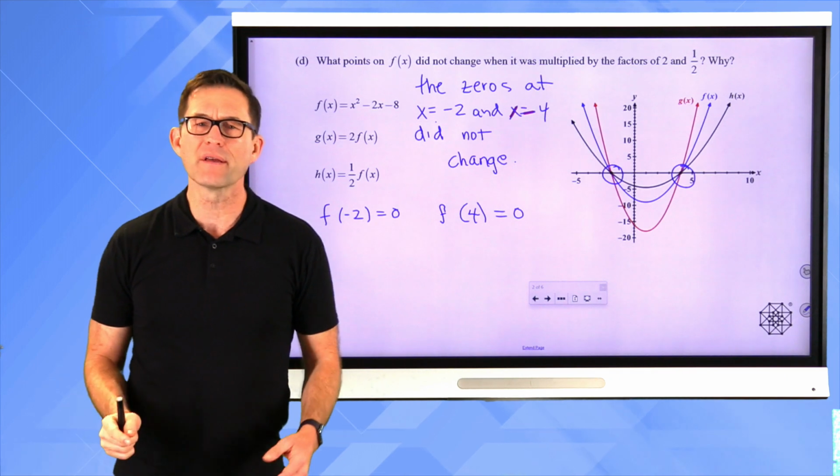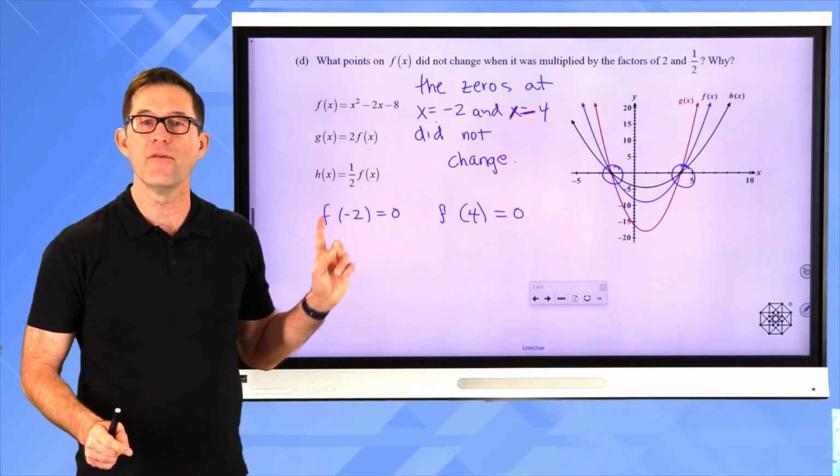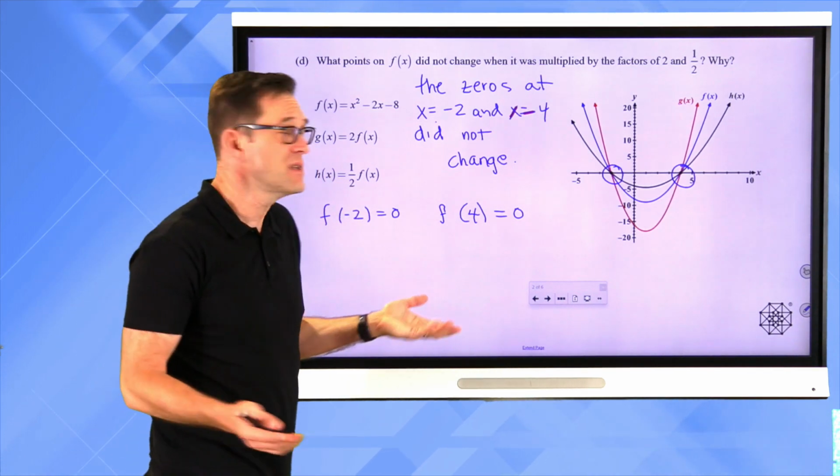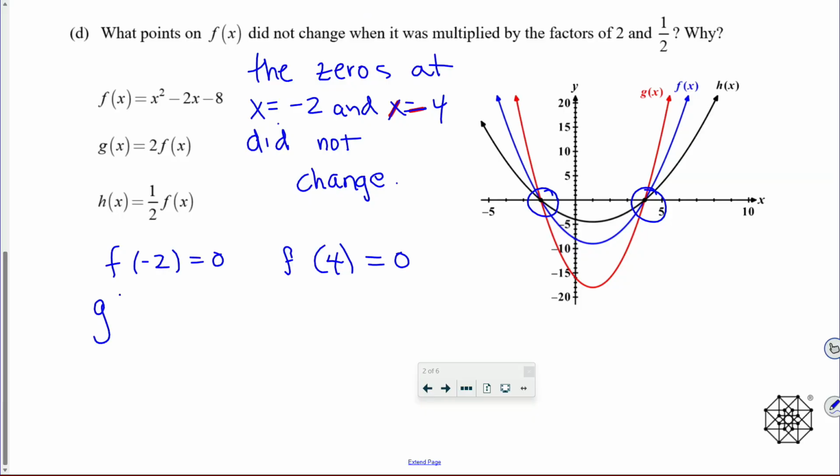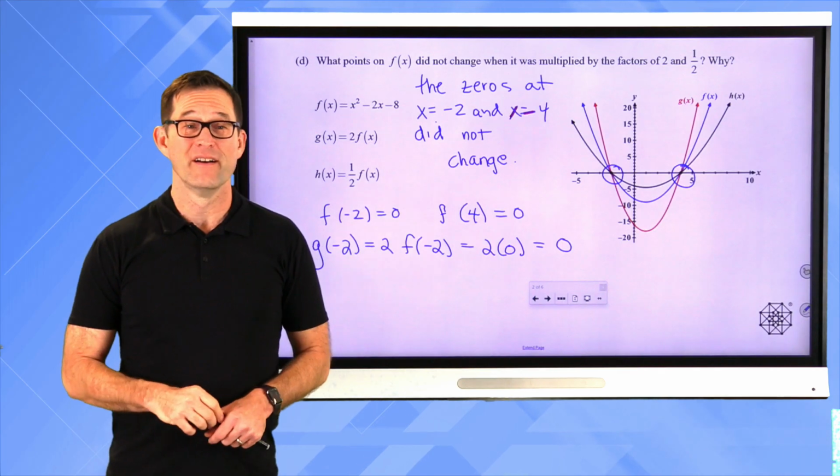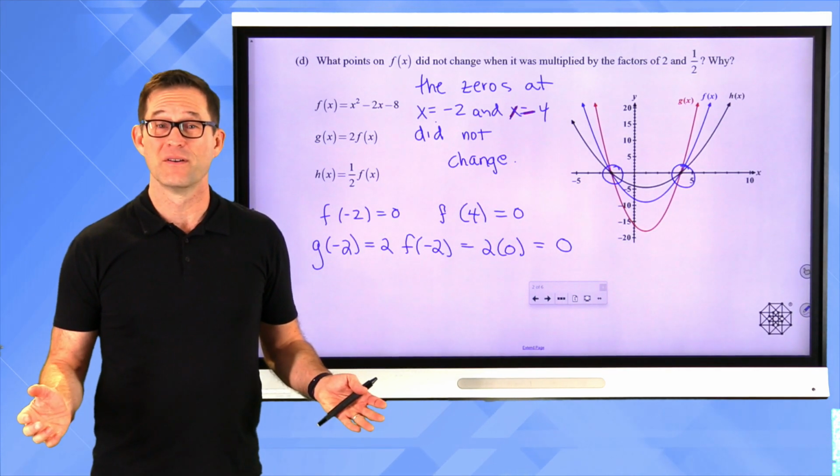So just for a moment, consider what g of -2 is. G of -2 is going to be 2 times f of -2, but f of -2 is 0, so g of -2 is twice 0, and it's still 0.